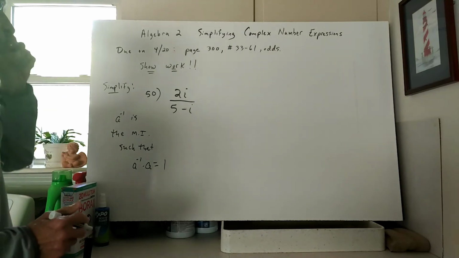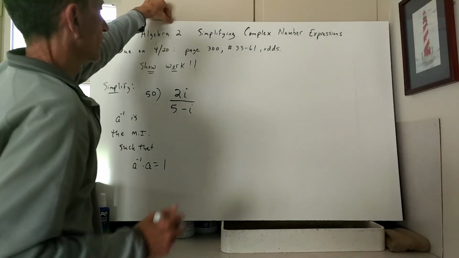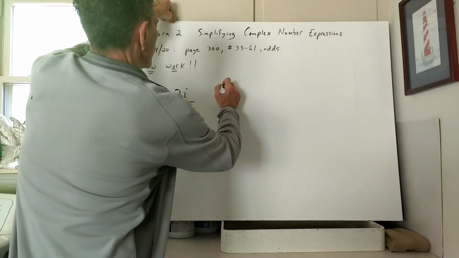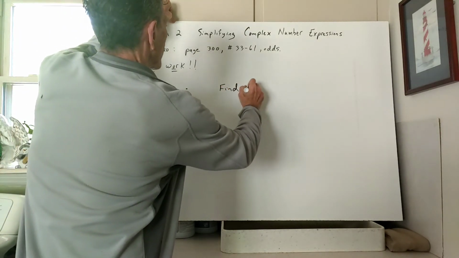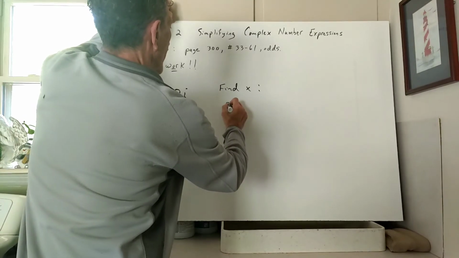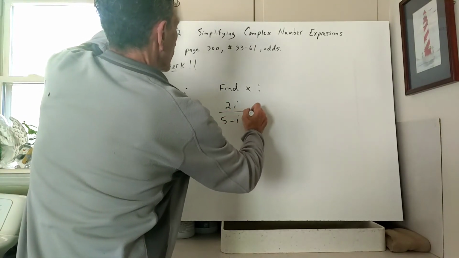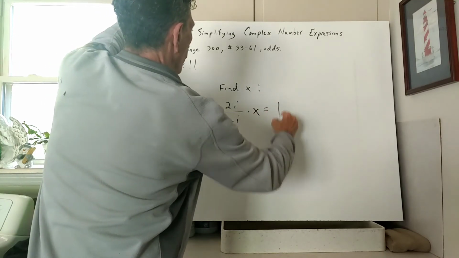So there must be some number, we'll call it x, and we want to find x so that 2i over 5 minus i times x is equal to 1.